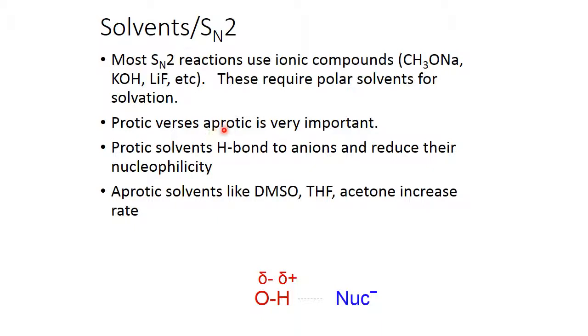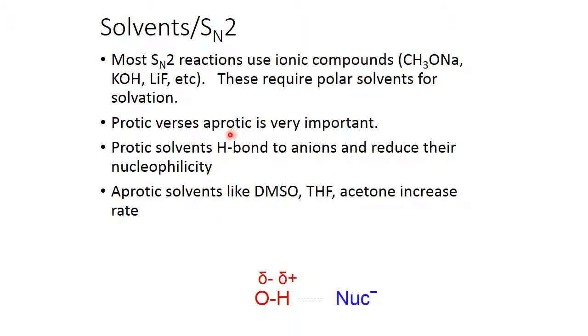Protic versus aprotic is very important. A protic solvent will hydrogen bond to the negative anion, that is the nucleophile. That reduces the nucleophilicity. And so a protic solvent actually ties up the nucleophile, so it's less likely to attack the substrate. However, if you have an aprotic solvent, it can't hydrogen bond to that anion.